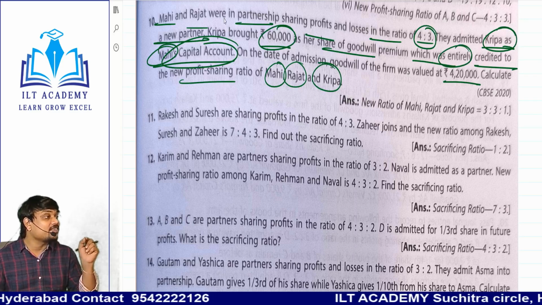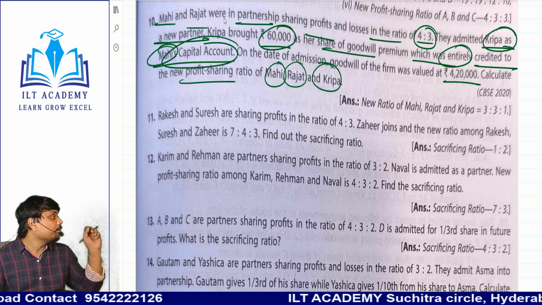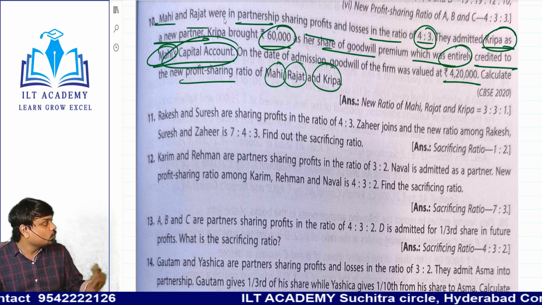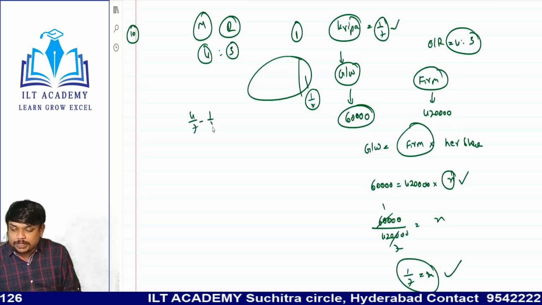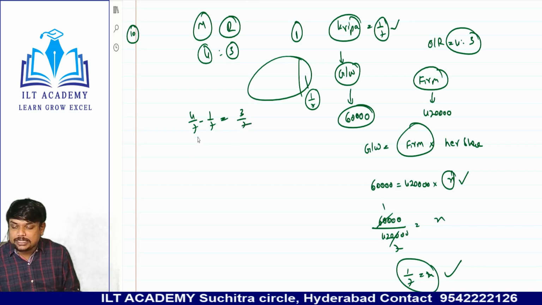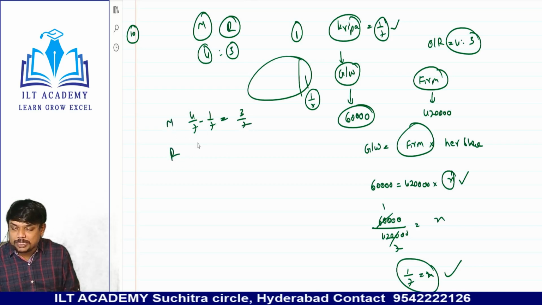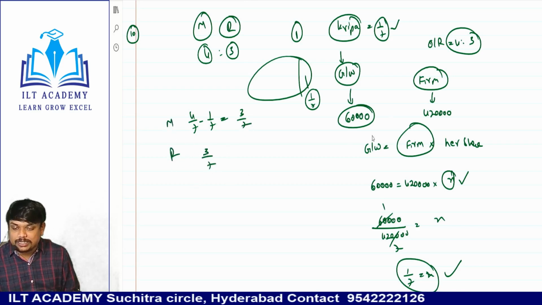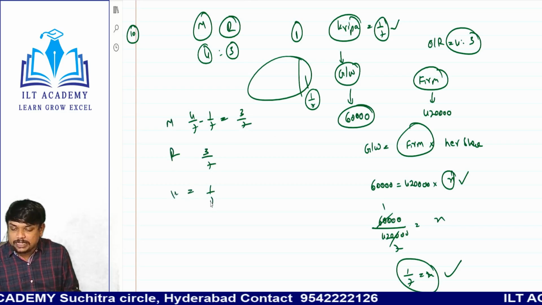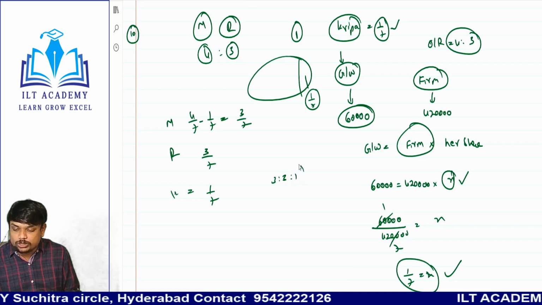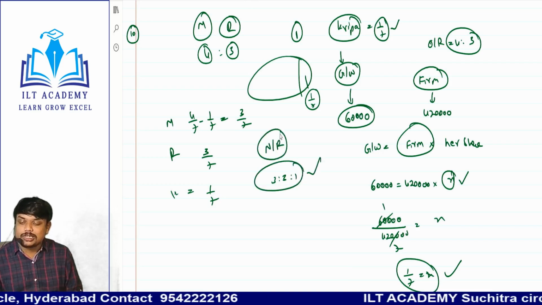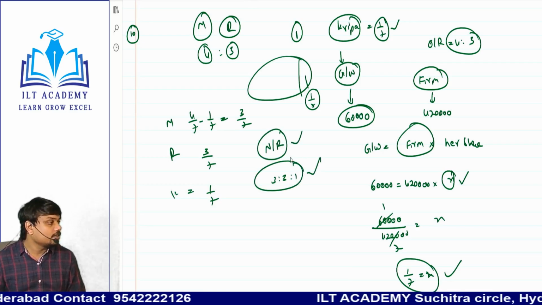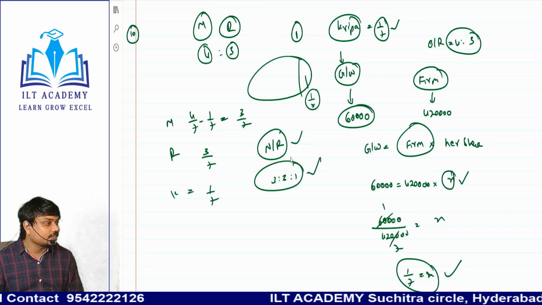Means the goodwill is given only by Mahi. Means the sacrificing is done only by Mahi. How much was Mahi's share? 4 by 7 minus 1 by 7, which is 3 by 7. Clear? R will be the same, 3 by 7. And Kripa, she got 1 by 7. So 3:3:1. This is the new ratio. Any doubts, Ma? Clear? Got it? Did not understand?